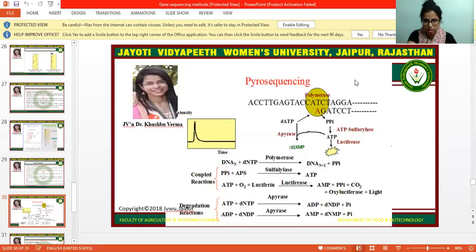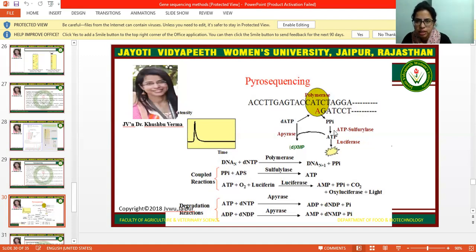Here we can understand pyrosequencing more by this diagram and by this chemical reaction. Here you can simply see this is the already present DNA strand and this is the polymerase, and this enzyme adds the dATP into the reaction, by which PPi is released.